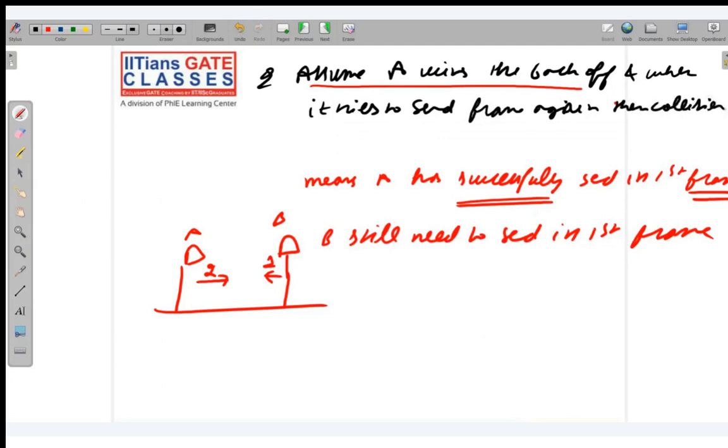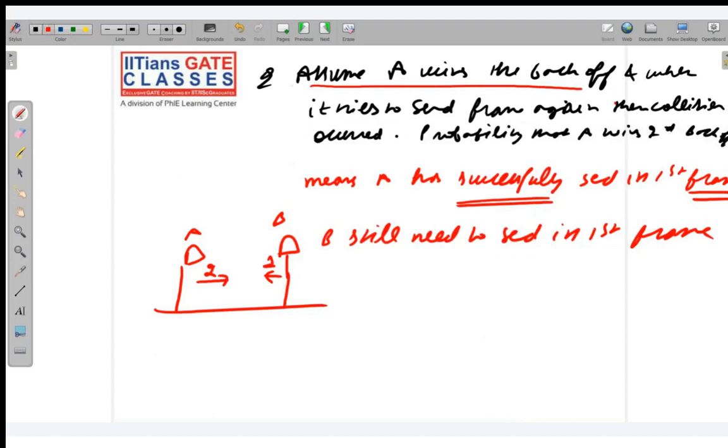And they will ask the probability that A wins the second back off. What is the probability that A wins the second back off?